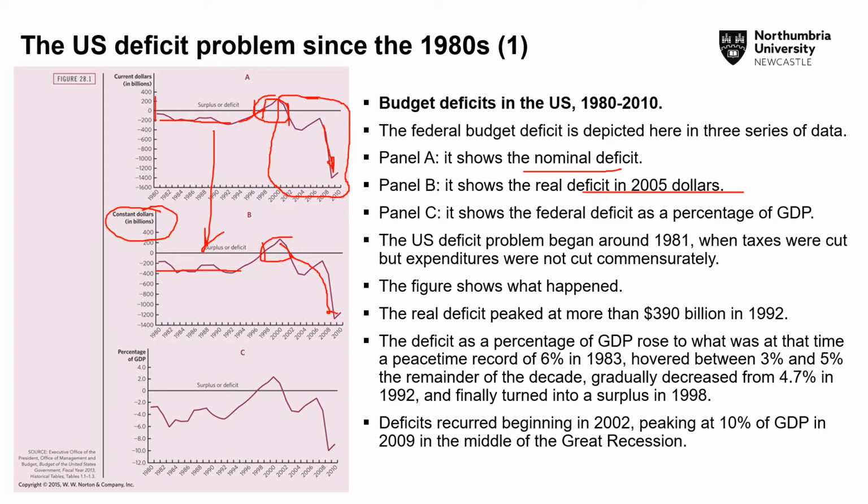The real deficit peaked in 1992 at $390 billion. Then there was a bit of a recovery, and then the deficit increased again. Deficits recurred at the beginning of the 2000s, peaking at 10% of GDP. This is where we are at.